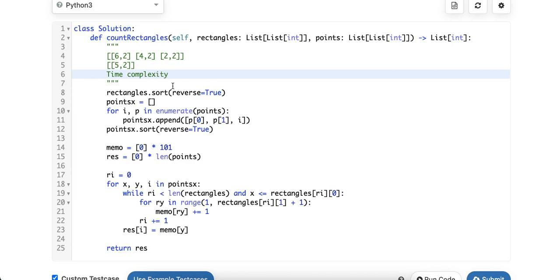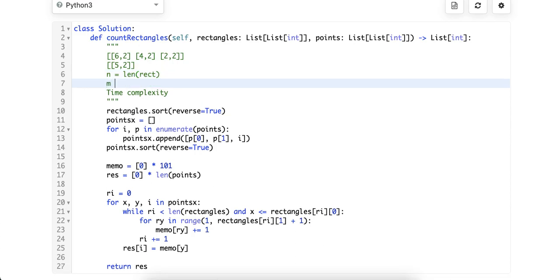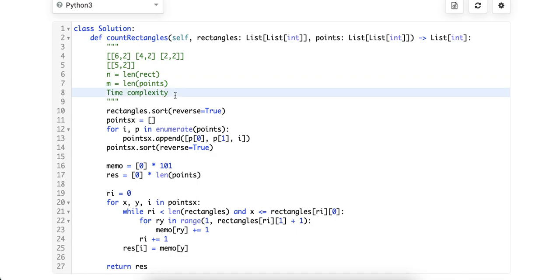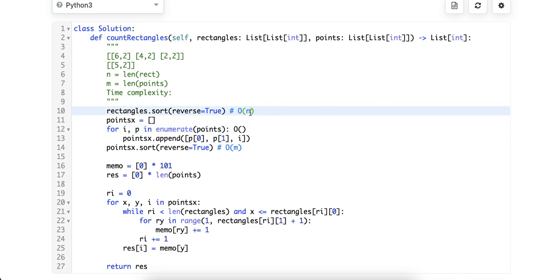Sorting like this, definitely, let's say the length of rectangle is n, and m is the length of the points. The time complexity from this one will be big O n, and this one is big O m. Sorry, this one ordering, so big O n log n, m log m.